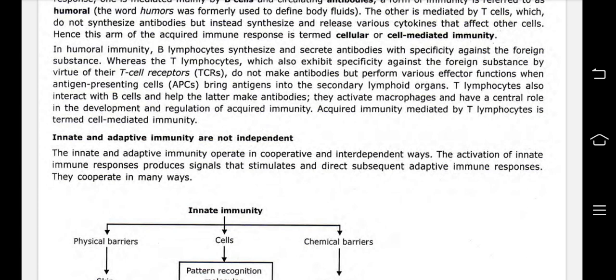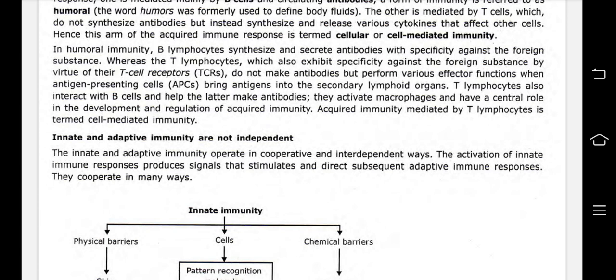T lymphocytes also interact with B cells and help the latter make antibodies. They activate macrophages and have a central role in the development and regulation of acquired immunity. Acquired immunity mediated by T lymphocytes is termed cell-mediated immunity.